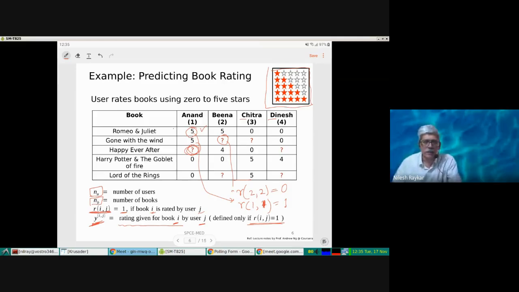The final aim of this recommender system is to find out the values of all these question marks. For example, if I want to predict the likely rating for Gone with the Wind by Chitra, that is what this recommender system will finally be able to give me.